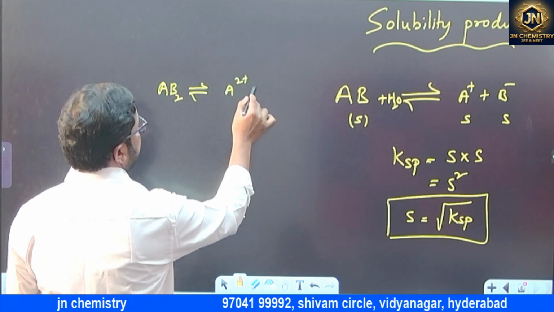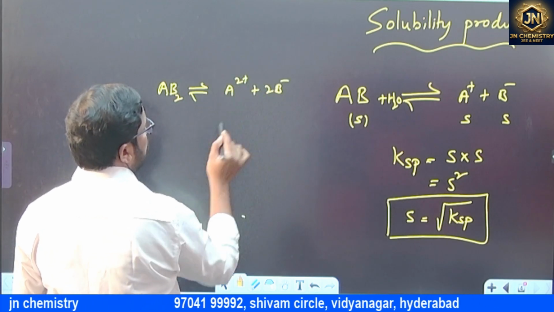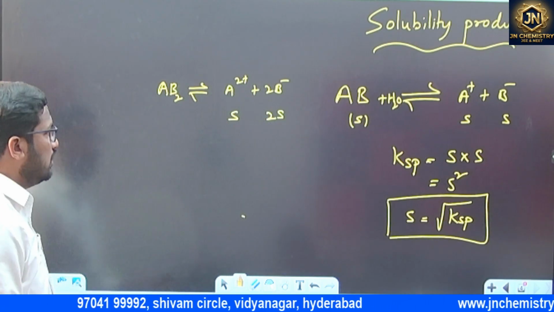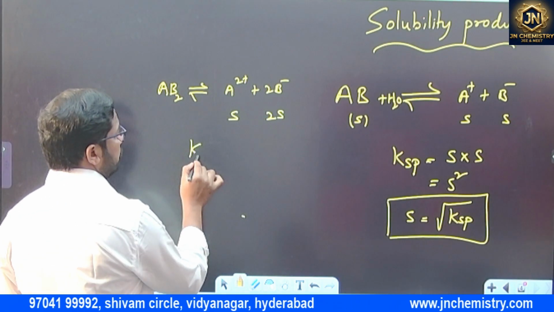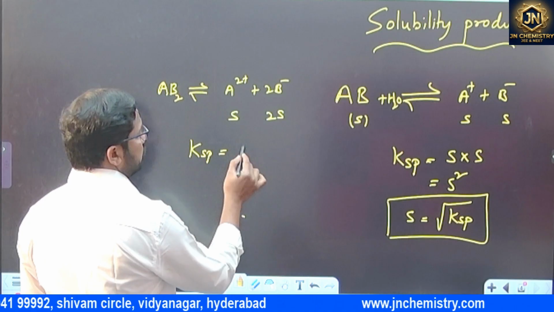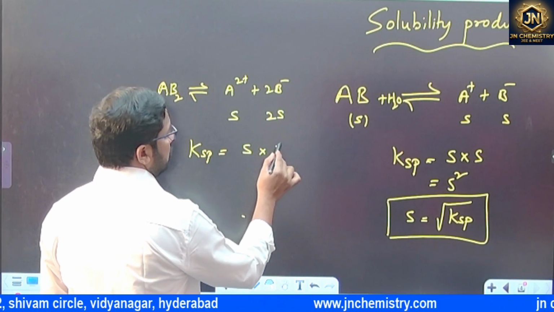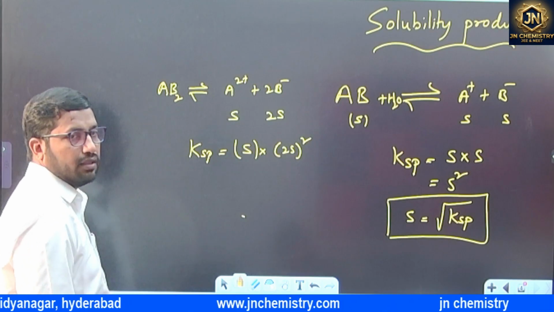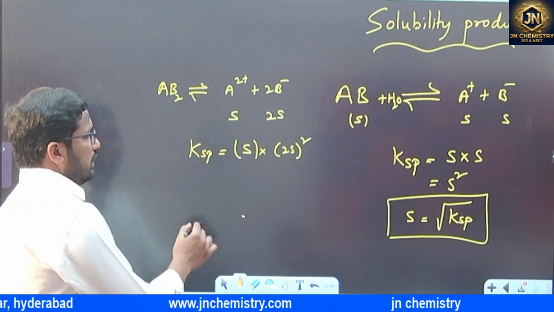A2+ 2B−, nothing but S, 2S. What is Ksp? Ksp is equal to S into (2S) whole square, right?